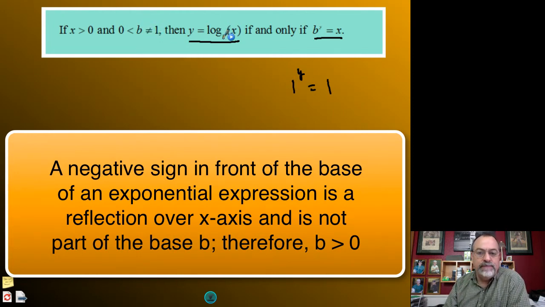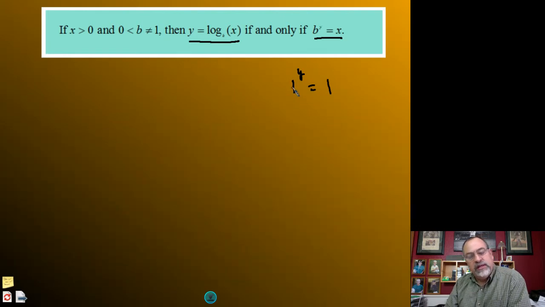So for that reason, we're not going to use a base of 1. So the b can never be a 1. And we're only going to use positive numbers for our base, which then leads us to why the x value, this value here, has to be a positive number. And why do you think that is?